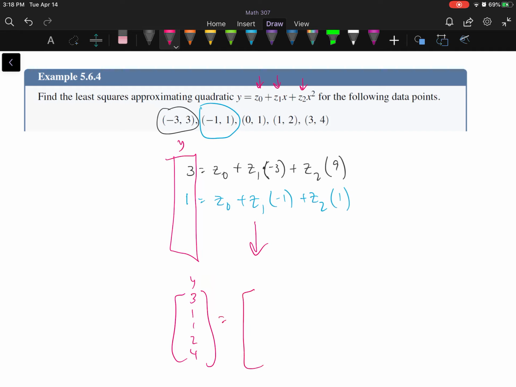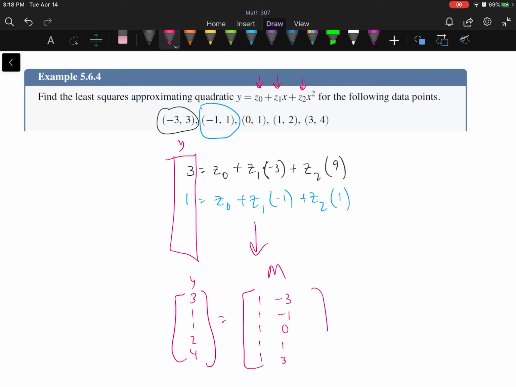For our matrix A or M, whatever you want to call it, here we would have all the coefficients that we have. So Z0 first, a bunch of coefficients of 1 for Z0. For Z1, we would have a bunch of different coefficients. All of those would just be x values: -3, -1, 0, 1, and 3.